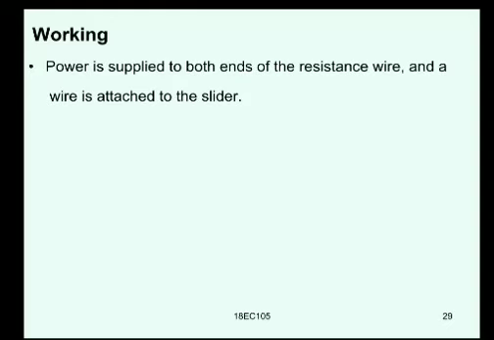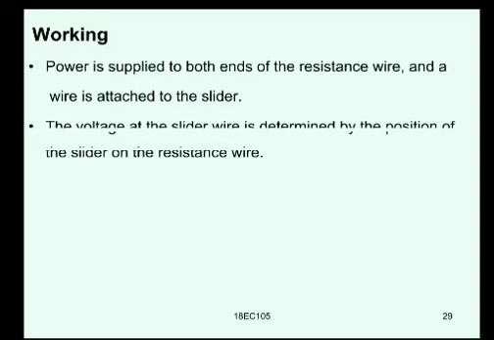Then let us see its working. The power is supplied to both ends of the resistive wire and a wire is attached to the slider. In these applications it is used as a pot. So the voltage at the slider wire is determined by the position of the slider on the resistance wire.